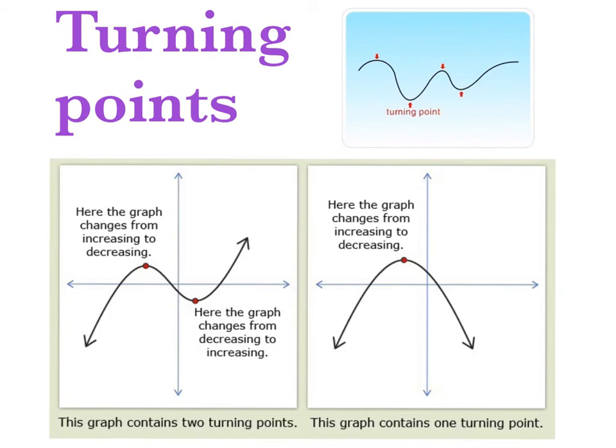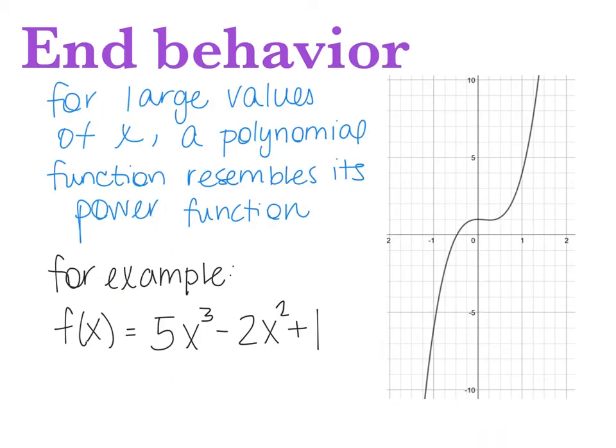Also something to know that if a polynomial has a degree n, whatever that n is, it will have at most one less turning point on its graph. So for example, if I have a polynomial function with a degree of 5, it will have at most 4 turning points.